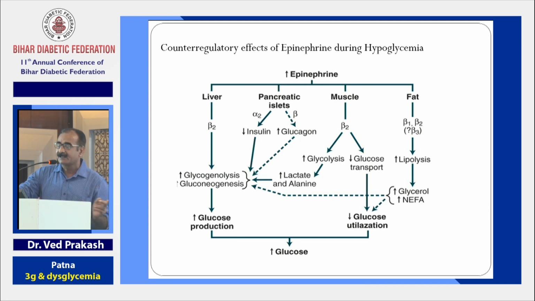At the muscle level, it decreases glucose transport into the muscles, and at the fat level it increases lipolysis, and after lipolysis there is an increased flux of free fatty acids into the circulation, which promotes insulin resistance and also serves as the fuel for ketogenesis.